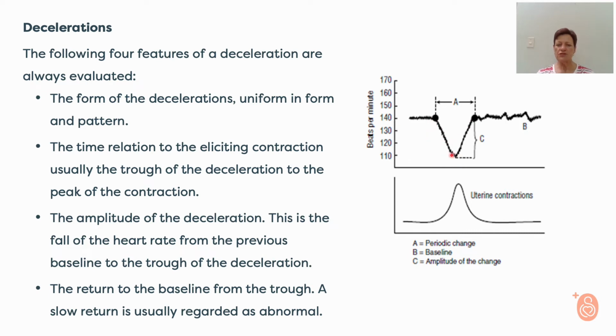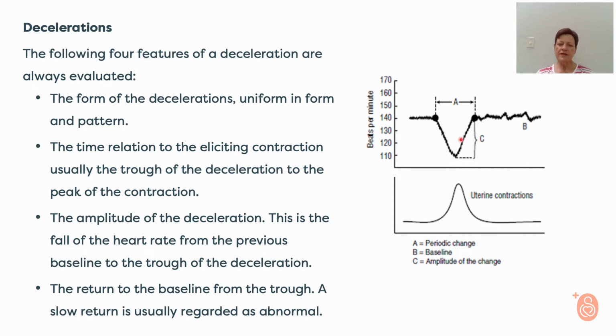In some cases it's more a U form, and also what's very important to us is, do they all look similar? Do they look uniform in form, or are they different? Variable decelerations, for example, might all look different, so they're not uniform in form.